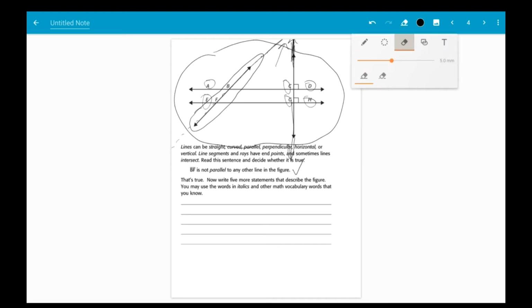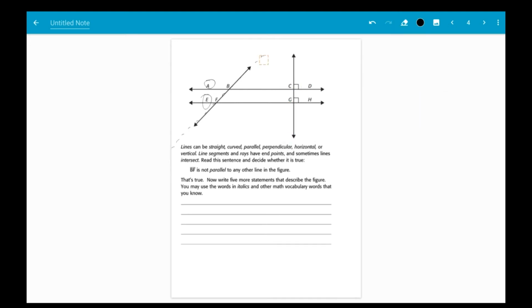Let's get back to this. I'm just going to erase everything so it looks clear. One thing that I can see is that, let's look at AD and EH. EG would be from here to here, but EH is the whole line, so we want to refer to it as EH. Clearly, we can see that if we were to extend these two, these lines would go on forever, and they clearly will not touch, meaning that they are parallel.